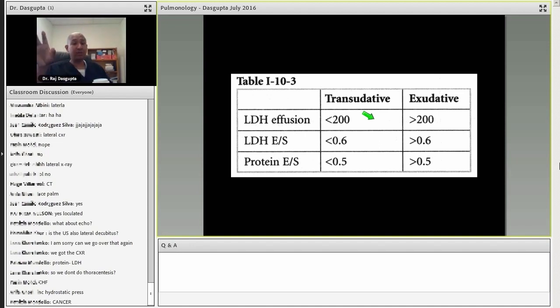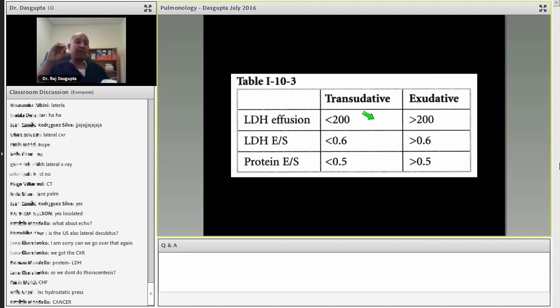And when you do the thoracentesis, you want to use Light's criteria. And Light's criteria are three things. It's comparing the effusion to serum LDH, the effusion to serum protein, and the total LDH. So there are three classic Light's criteria. Let me ask you the classic questions.